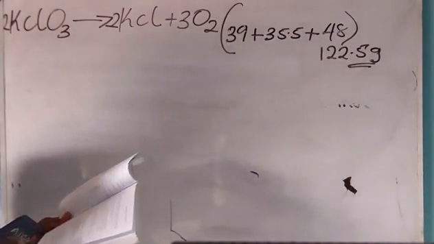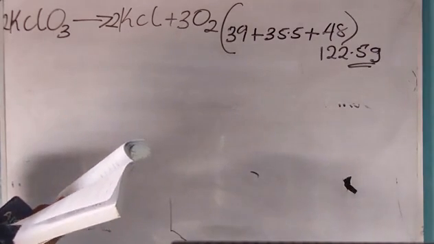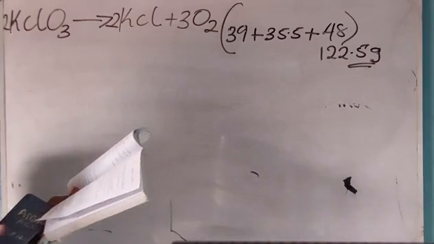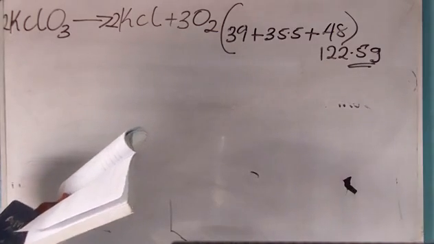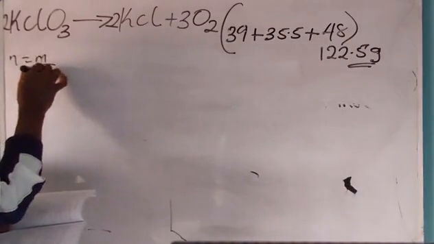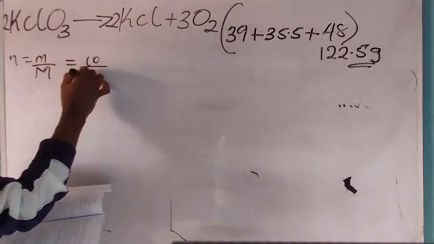How many grams of potassium chloride are produced during a decomposition that also produces 10 grams of what? Oxygen. Of course, number of moles of oxygen is mass over what? Molar mass. Mass is 10 divided by 32.